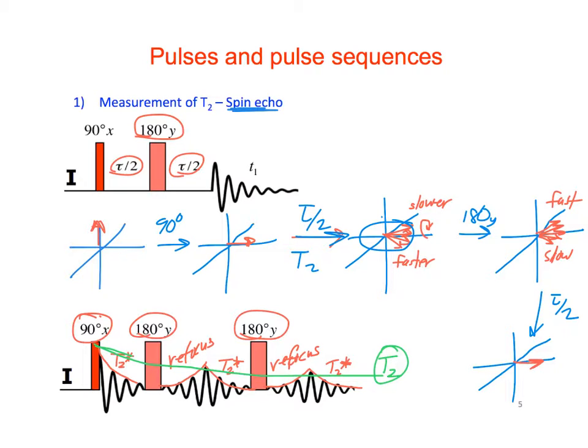Okay, so you can separate T2 from T2 star. Remember, T2 star has more of the experimental, the magnetic inhomogeneities and stuff added in.